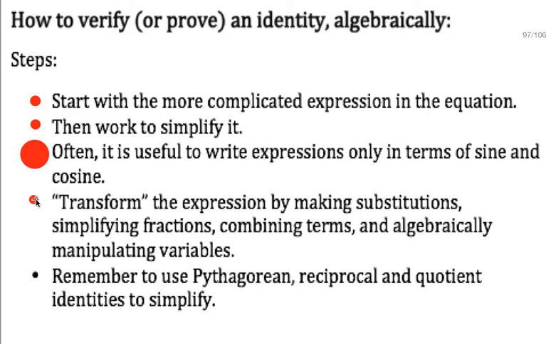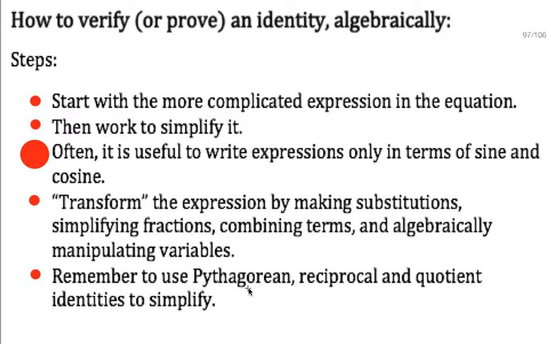Then you're going to do your basic math to transform the expression by making substitutions, simplifying fractions, combining like terms, and algebraically manipulating the variables. Basically, you're going to add, subtract, multiply, and divide so that you can simplify everything. And then another key thing that will help you is to remember to use the Pythagorean identities.